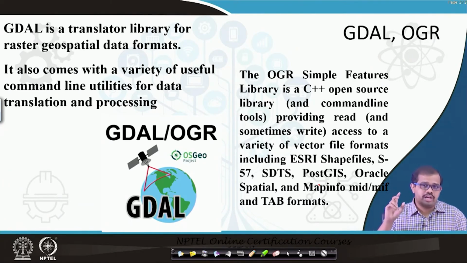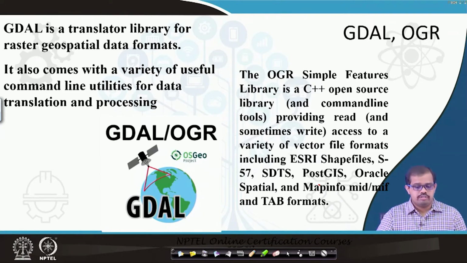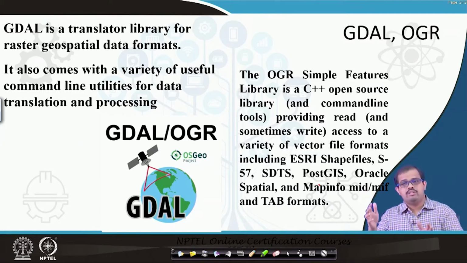And when you look at GDAL, take any software, whether you are using ERDAS or any of those very capable raster processing software, the raster library is formed through the GDAL translator itself. So the entire handling of the raster data is through GDAL. When you look at OGR, OGR complements GDAL as a vector translator.